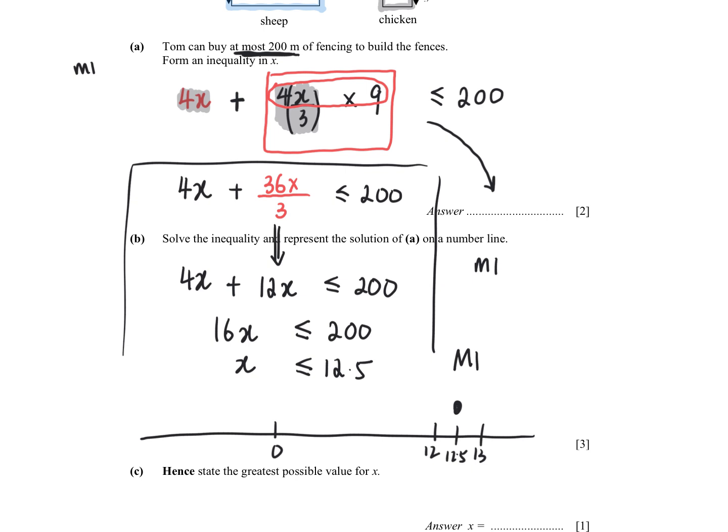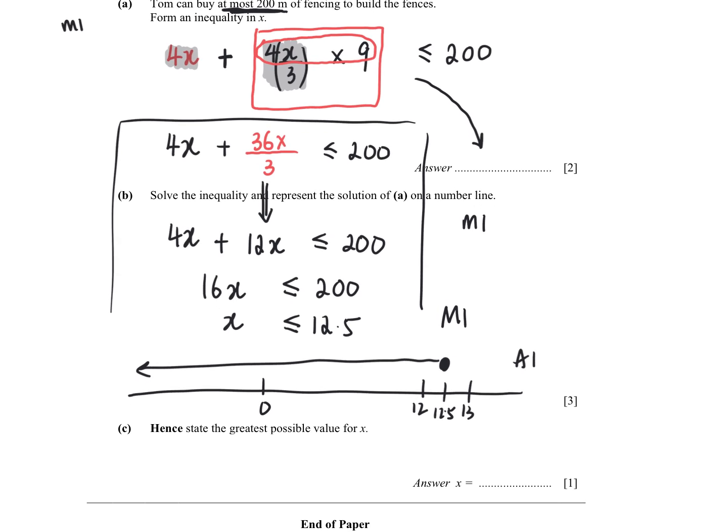You need to shade the circle, not use cross, and then everything on this side. So this is your answer mark. If your inequality is wrong, but you draw your number line correctly based on the wrong inequality, I gave you error carry forward marks. Okay? So follow through. The errors you make, don't worry. At least continue to do your question.